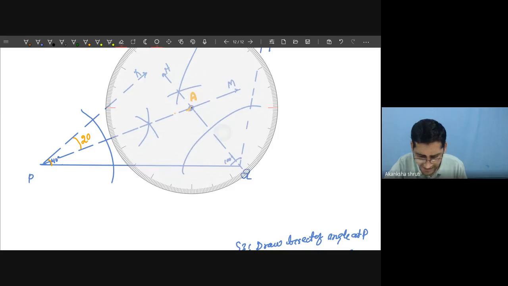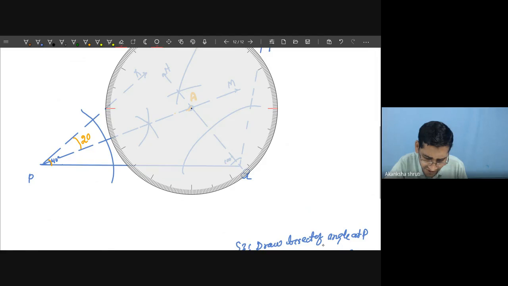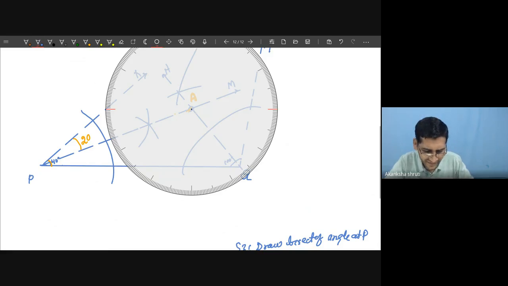See, student, fix it at this point. After fixing at this point, let me take the 20 degree. Take this one. Student, are you getting? Where is our 20 degree?